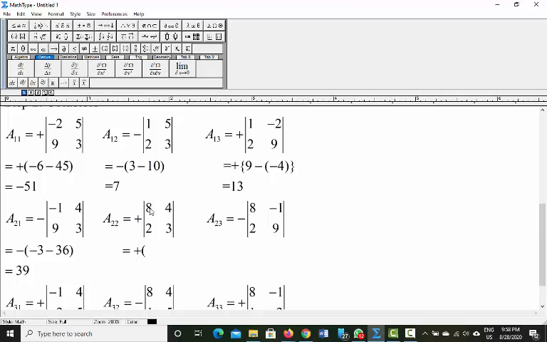So first we will multiply this 8 with this 3, so 8 multiplied by 3, that is 24, minus, now we will multiply the left diagonal elements, 4 multiplied by 2, that is 8. So we will get 24 minus 8 is 16.